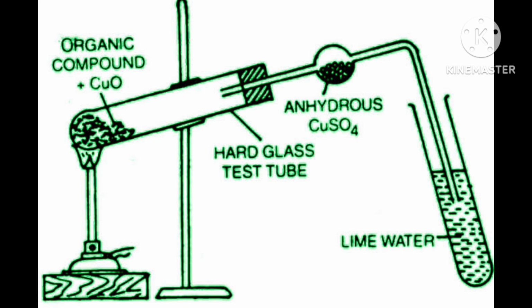You can give a sign also: the precipitate sign is an arrow towards down, meaning it is settling. So CO2 plus Ca(OH)2 gives calcium carbonate precipitate plus H2O.